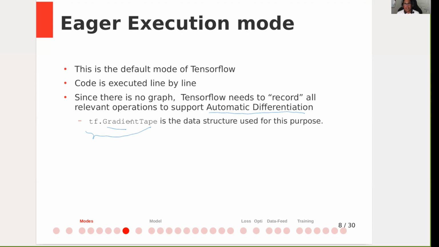Once you are done and you want to calculate the gradients, TensorFlow can look at the gradient tape, where all the operations are recorded. Then TensorFlow can run the operations in the backward direction and compute the gradients, as was done in the case of the graph. This concept, gradient tape, you will encounter in writing your TensorFlow code.